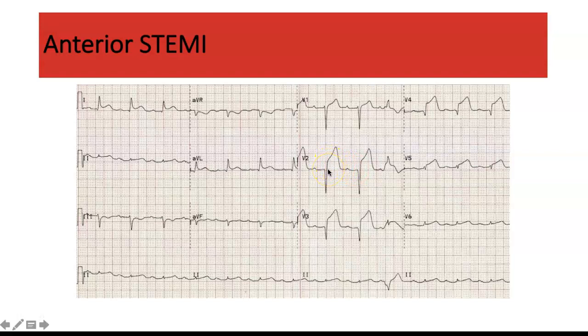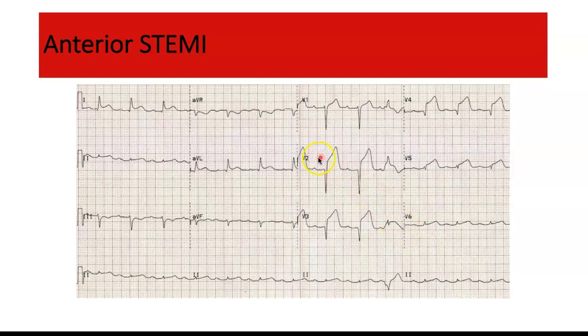That is definitely more than 2 millimeters. Same here in lead V3. I'm going to switch to the laser pointer. Definitely greater than 2 millimeters here. Continues over into V4, down here into V5, may trail off here into V6.